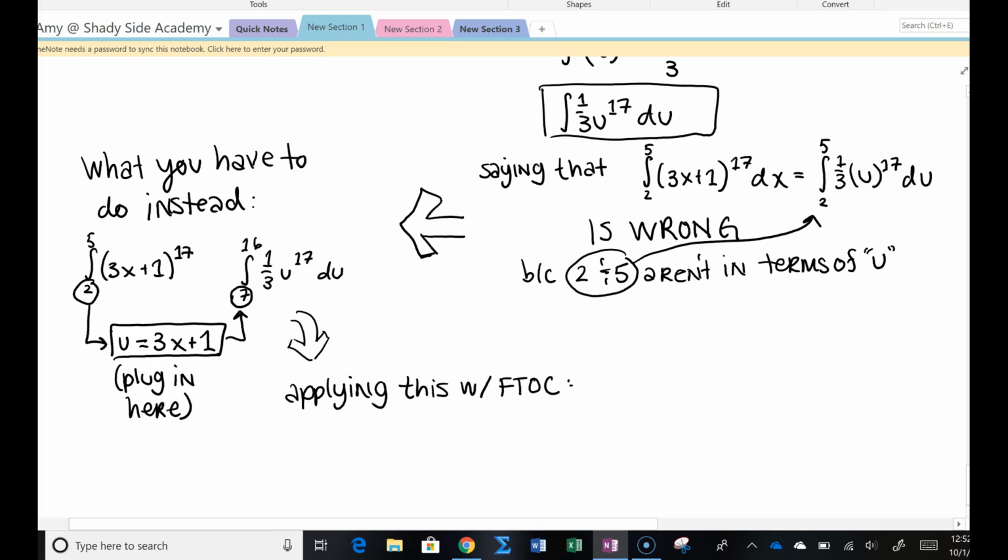Kate's method still requires all of this, just at this juncture you would jump down here and go back in terms of x. That's all. 80% of the time, sticking with u is easier.